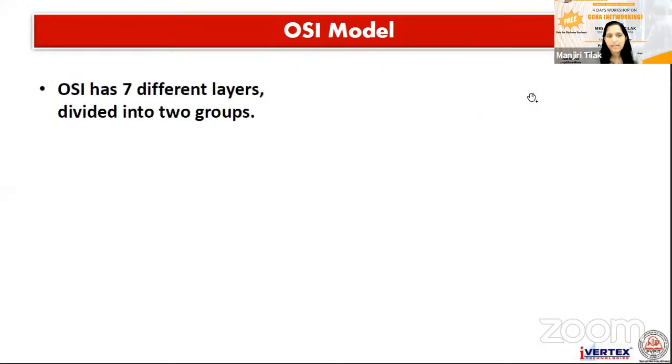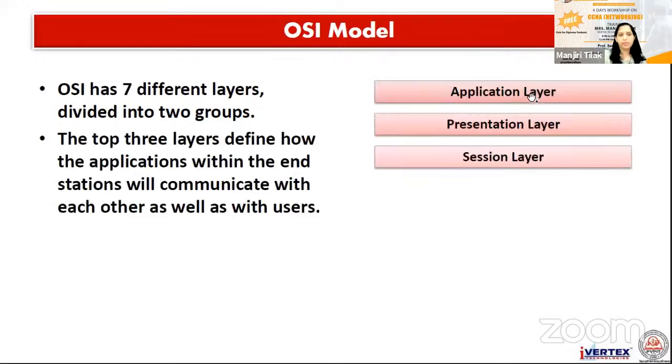So OSI has 7 different layers, right? Means entire communication process, you can say, is divided into 7 layers. And these 7 layers are again divided into 2 groups. See, total 7 layers. These are the top 3 layers of your OSI reference model, right? What are they? Application layer, presentation layer, and a session layer, right? So these top 3 layers define how the applications within the end station will communicate with each other as well as with user.